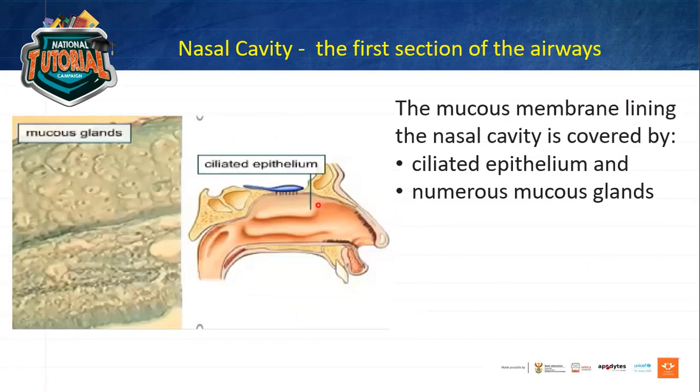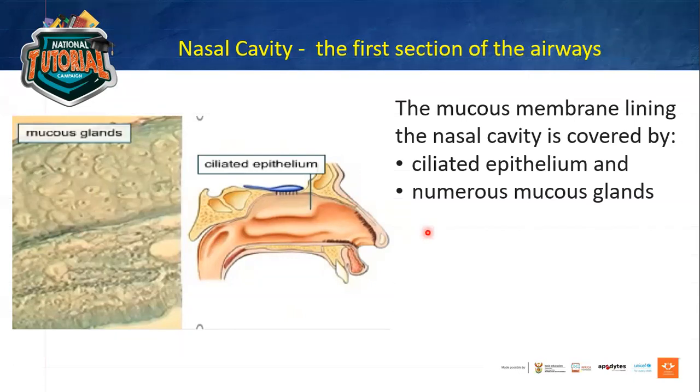And then as it moves on inside the nasal cavity, you have what we call the mucous membrane. Mucus, you find mucus in your nose. In the nasal cavity, this mucous membrane is lining the nasal cavity. So the mucus is not just there to irritate you, especially when you're sick.